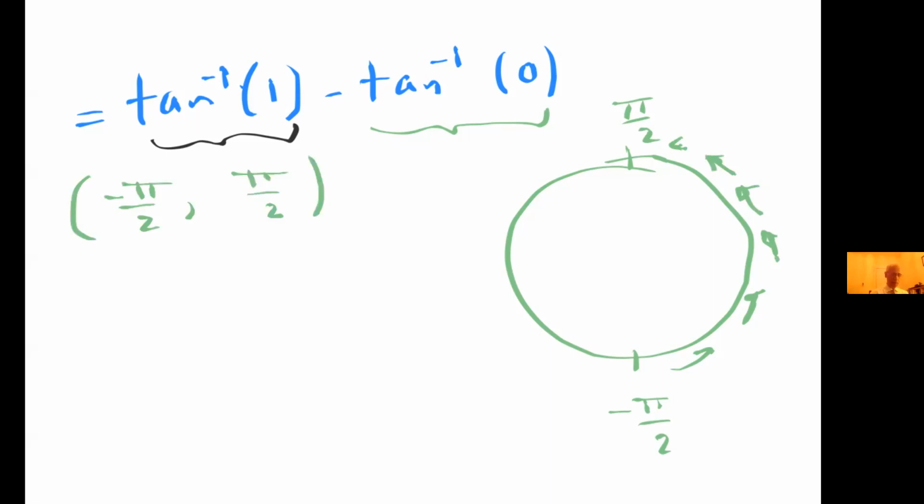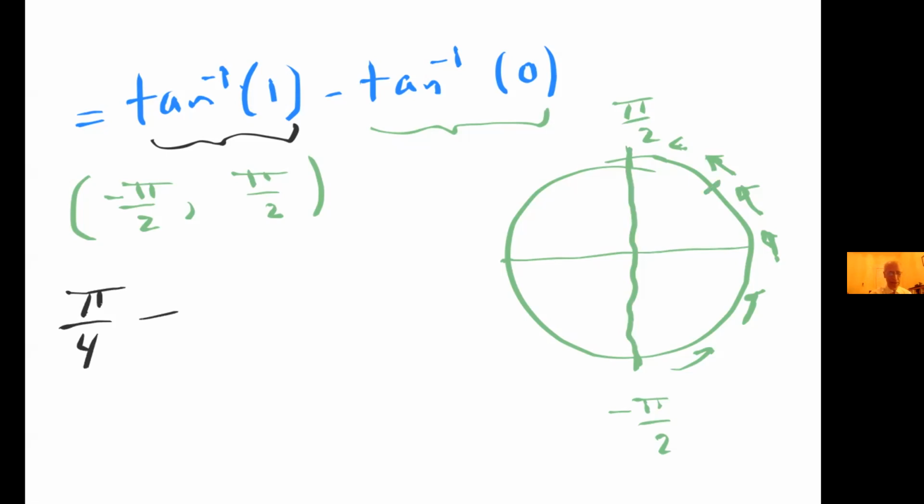Okay, so if you think of this as the unit circle, where in here is the angle whose tangent is positive 1? Well, tangent is positive 1 only at pi over 4. So the first part is just giving me pi over 4, minus.